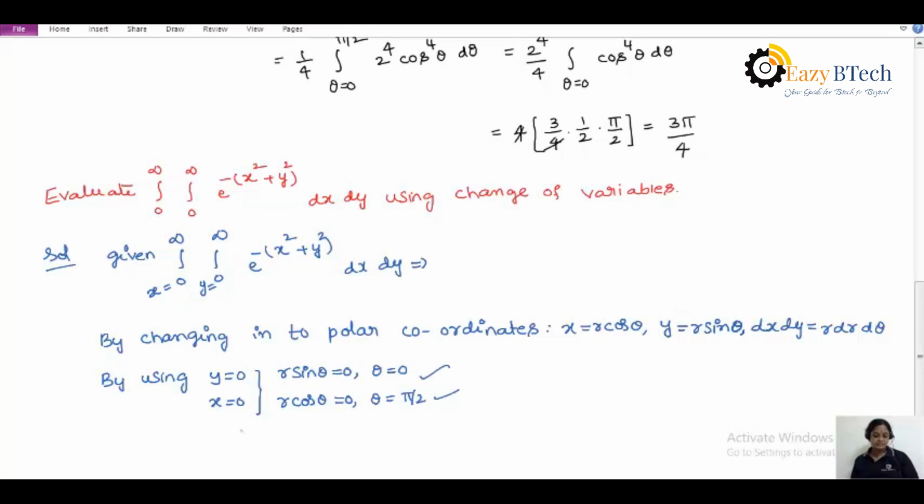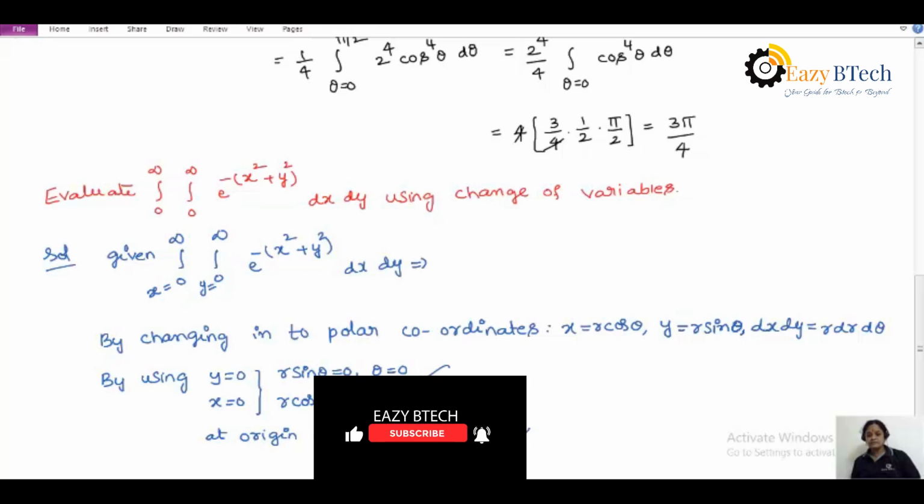Of course now we need the limits of r here. In the question it was given that y is equal to 0 to y is equal to infinity.